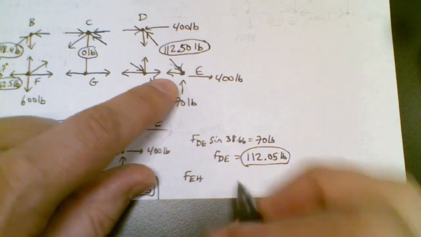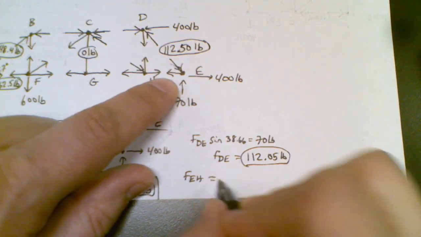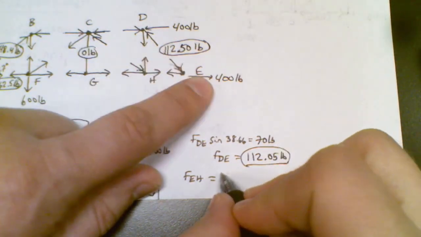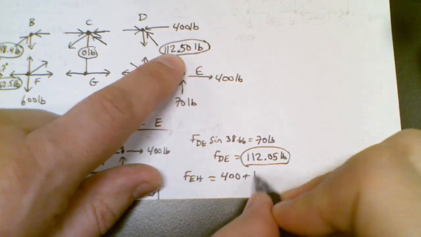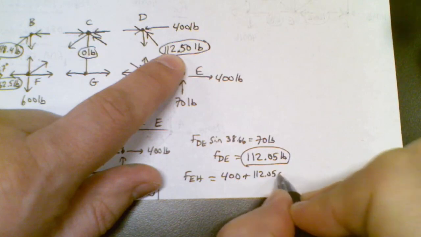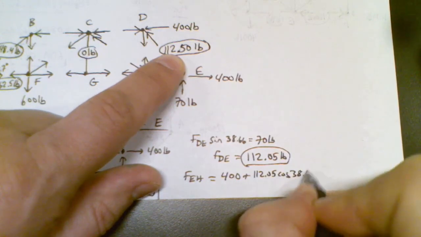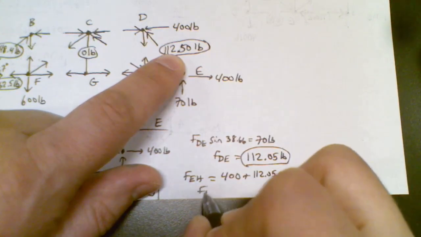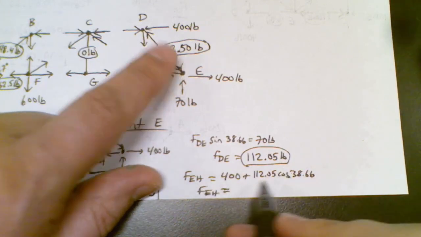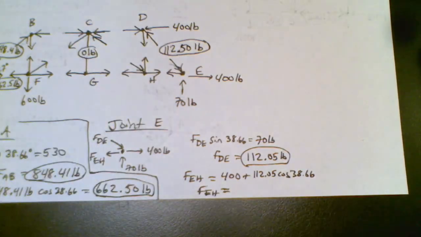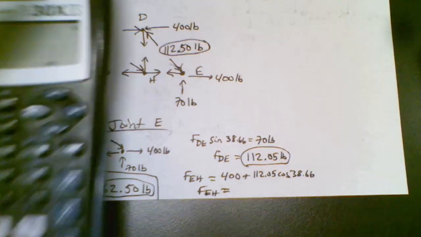So FEH will actually equal the 400 plus the right version of this, which is 112.05 cosine 38.66. So it's a little more complicated, but you're pretty much just adding 400 to whatever's going on there because of the pterodactyl, of course.